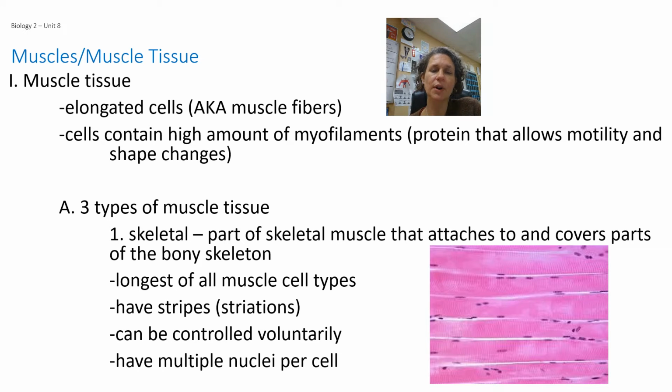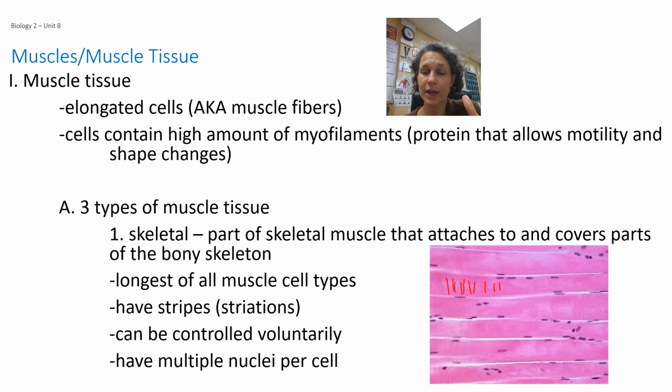And so as far as unique characteristics, they are the longest muscle cell types. Remember, they're all kind of long, kind of that fiber shape, and they have striations. I know you'd probably have to put your face super close to the computer to see that, but there are stripes on this picture that are running this way, and they're super teeny tiny, kind of hard to see, but those are the striations.